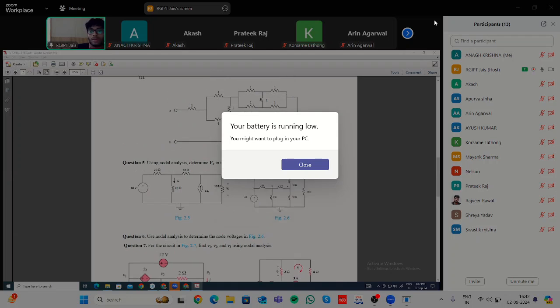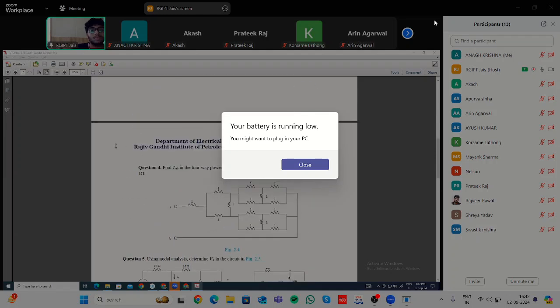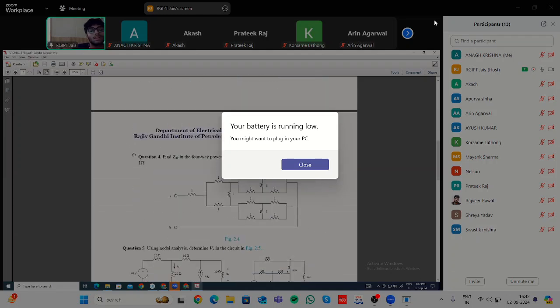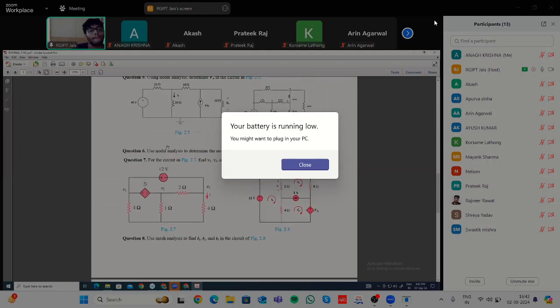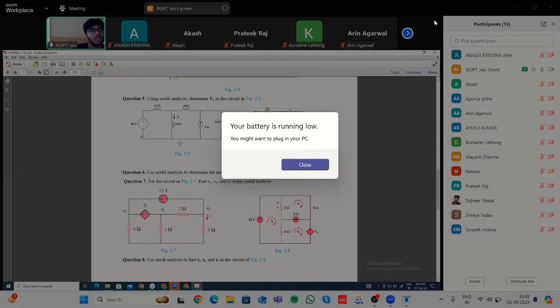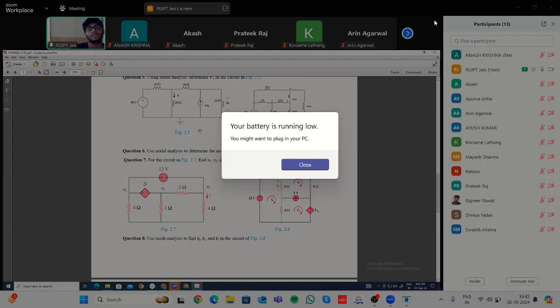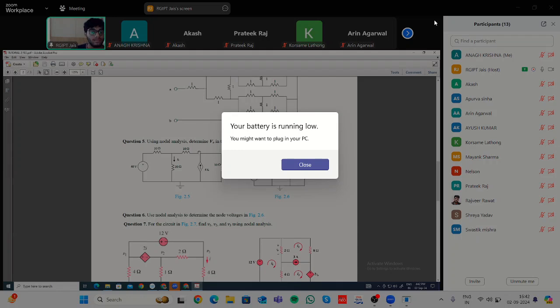So Arun Agarwal, tell me your answer. You are not posting the answer from the previous question. 60. That's right. So Arun, can't you unmute?